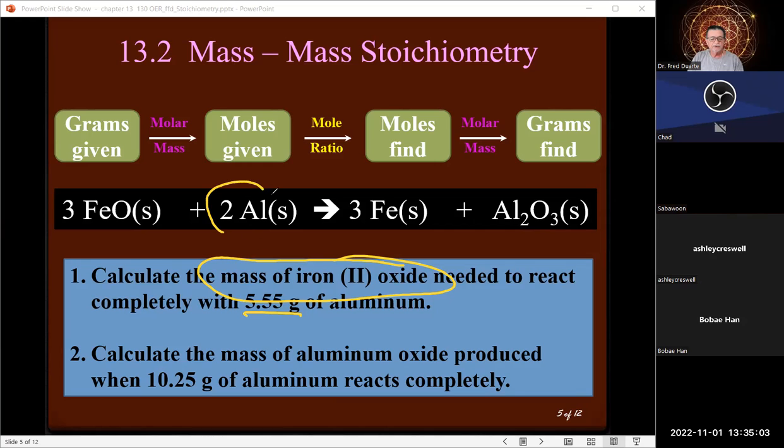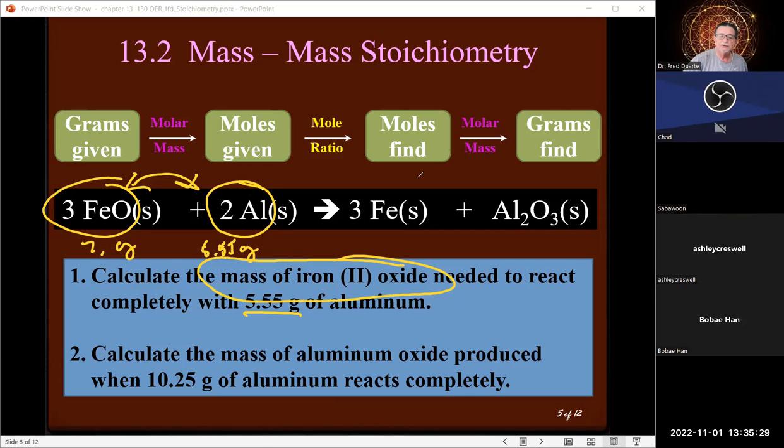And so we're looking simply at the reactants. If I start off with 5.55 grams of aluminum, the question is how many grams of iron 2 oxide I need. That's question number one.